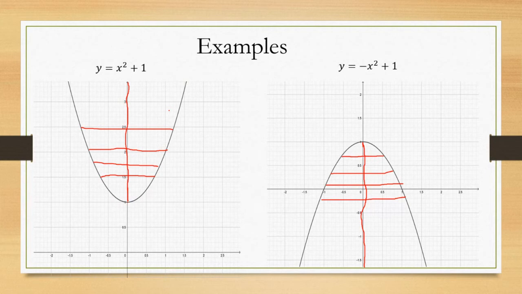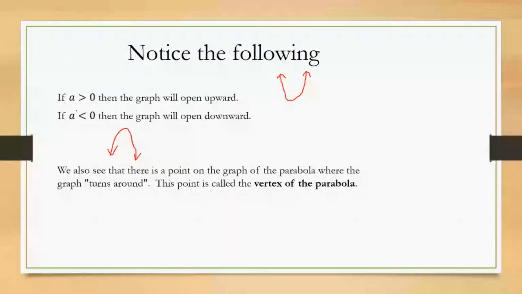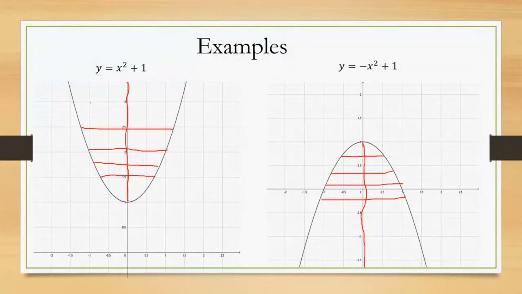So every parabola, in other words, has what's called an axis of symmetry. And the idea is if you fold the graph along the axis of symmetry, which is always the vertical line, both halves of the graph will match up. So we have that. So if a is positive, we're going to get this kind of graph.